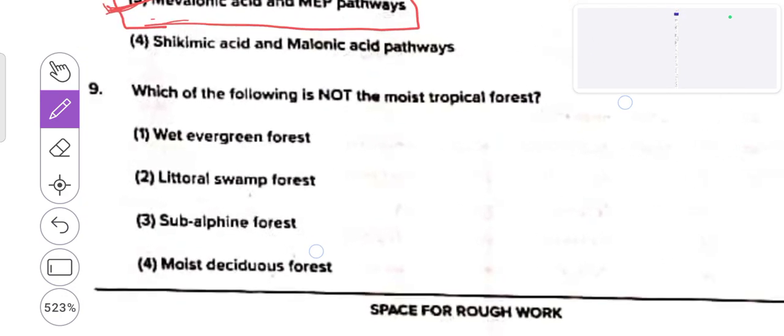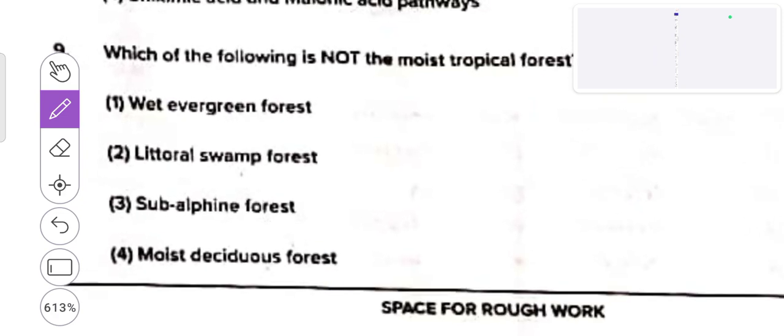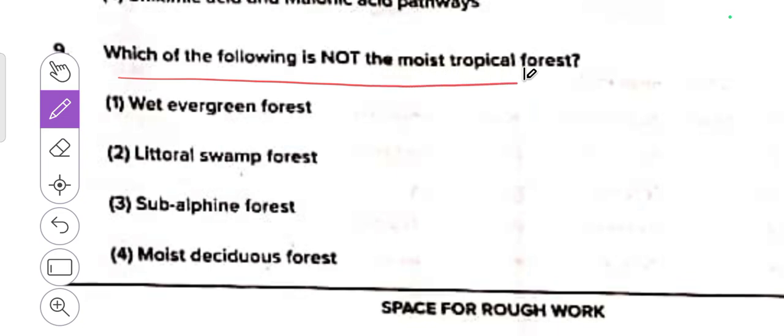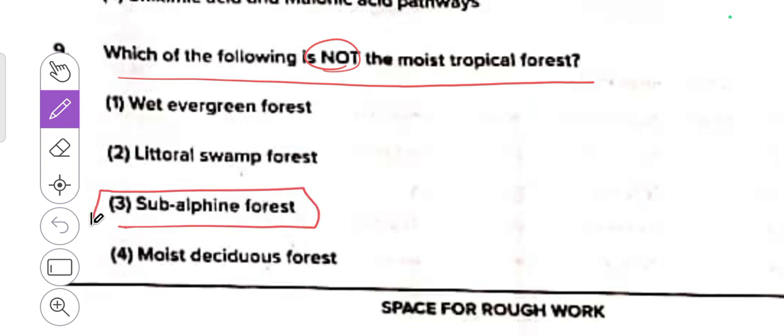The next question. Which of the following is not a moist tropical forest? Here, not a moist tropical forest, that is a subalpine forest.